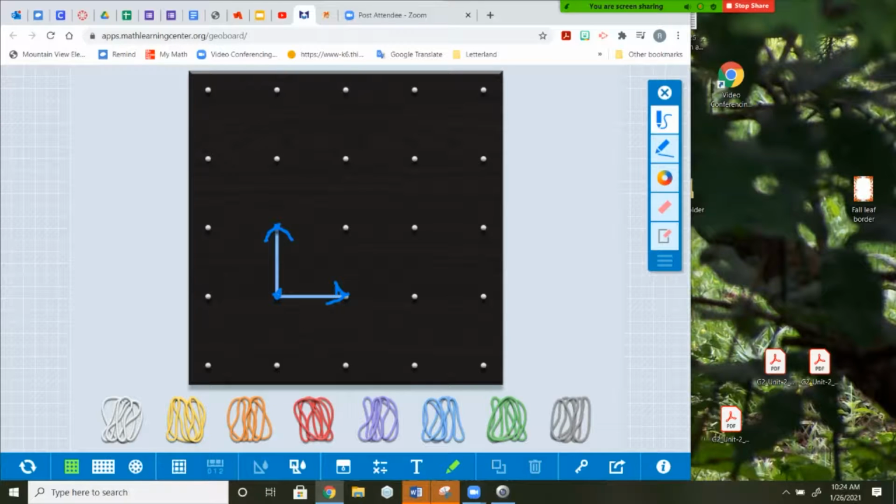Now, I'm going to change the color, maybe. I didn't do eraser. Maybe I did. Here we go. Now, this is the angle inside. What kind of angle is this one?